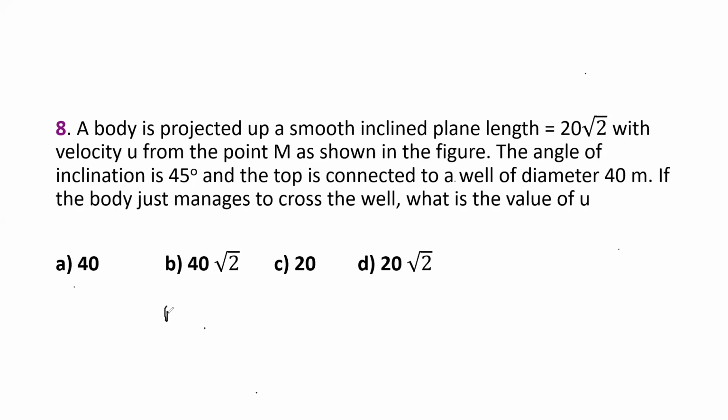The formula is r is equal to u square sine 2 theta divided by g. The theta value is 45 degree, therefore sine 2 theta becomes sine 90, and the value of r becomes u square by g. It becomes u square divided by g. Then next, at point N. First I will show you the figure.